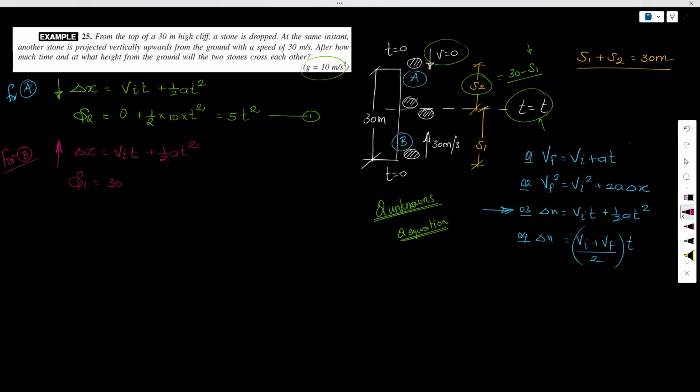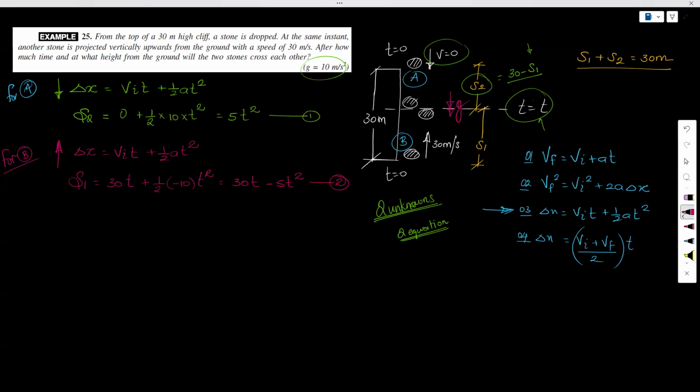Velocity is in the upward direction, so it is positive 30, times t, plus half times minus 10. Why minus 10? That's because the gravitational acceleration is pointing downwards, and I'm considering anything up as positive. So that is minus 10 times t squared, giving 30t minus 5t squared, which is my second equation.